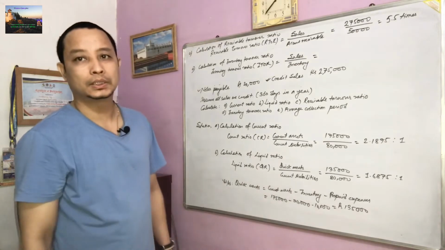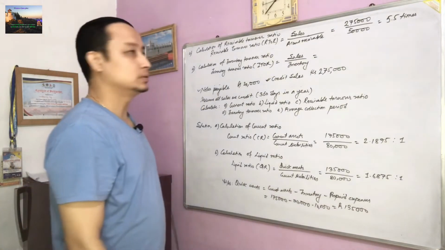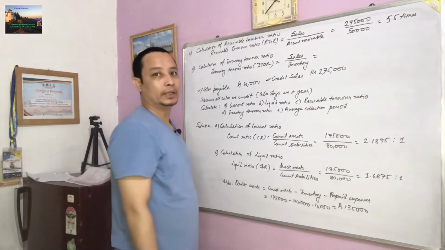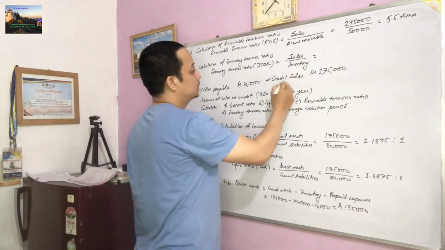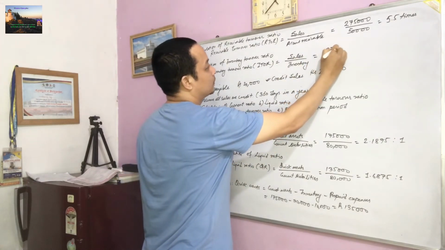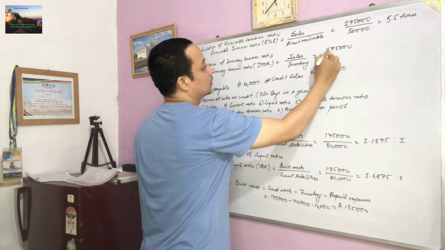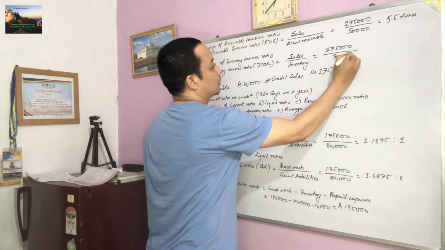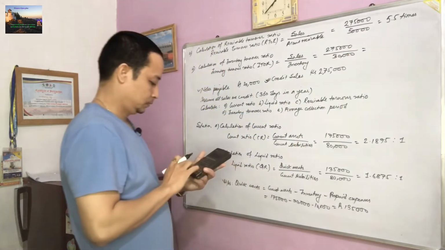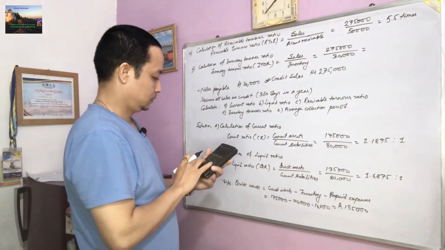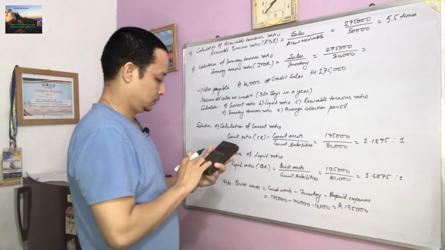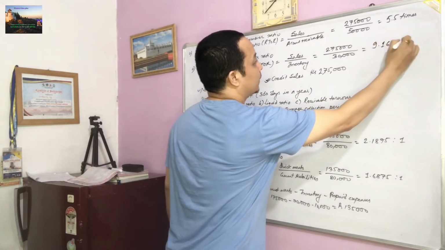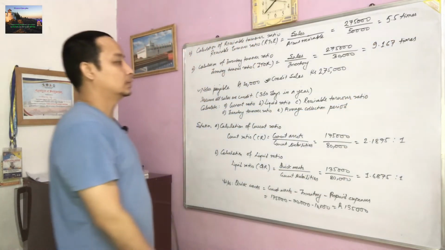So here in this question, gross profit is not given, so you can use credit sales directly as sales for calculating the inventory turnover ratio. So here sales is credit sales, 2,75,000 divided by inventory. Inventory is 30,000 equals 9.167 times is the inventory turnover ratio.